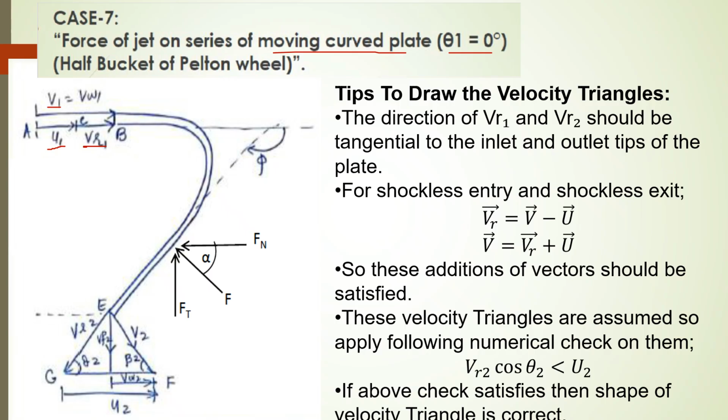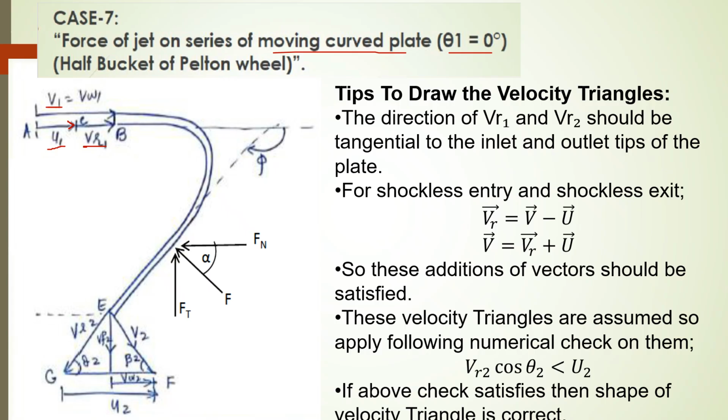So the relative velocity will be equal to V1 minus U1, that will be equal to Vr1. If you draw the vectors for U1 and Vr1, then the addition of these two vectors will be equal to the velocity of the jet. And the relative velocity Vr will be equal to V1 minus U1.